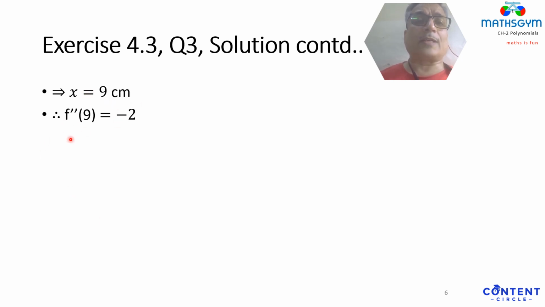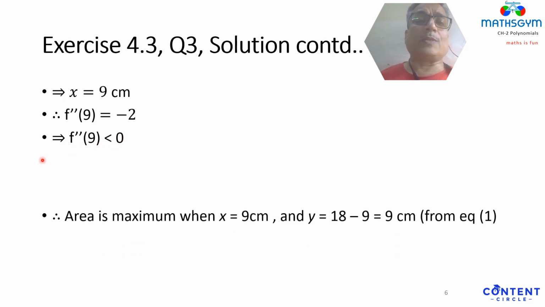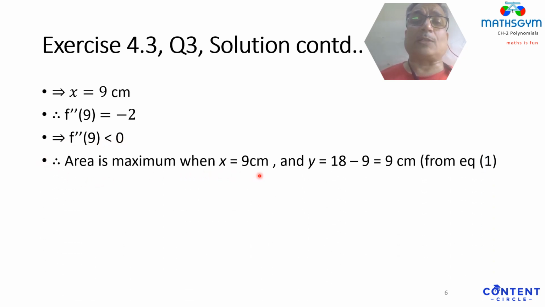It doesn't change. It remains the same, negative, which is minus 2. This tells us that for x equal to 9, f double dash 9 is smaller than 0, which also tells us that the area is maximum when x is equal to 9 centimeter, and y is equal to 18 minus 9, which is equal to 9 centimeter.